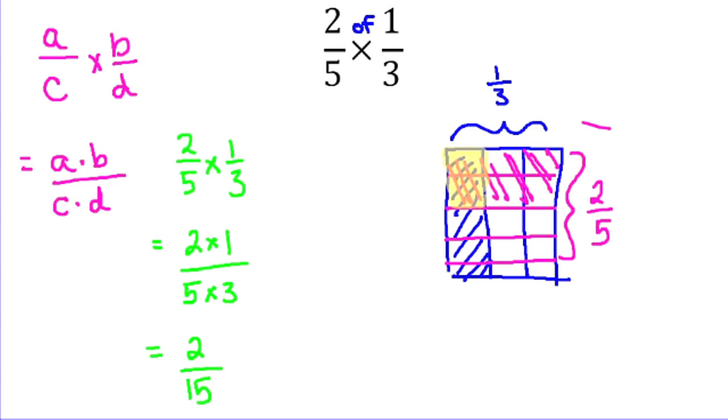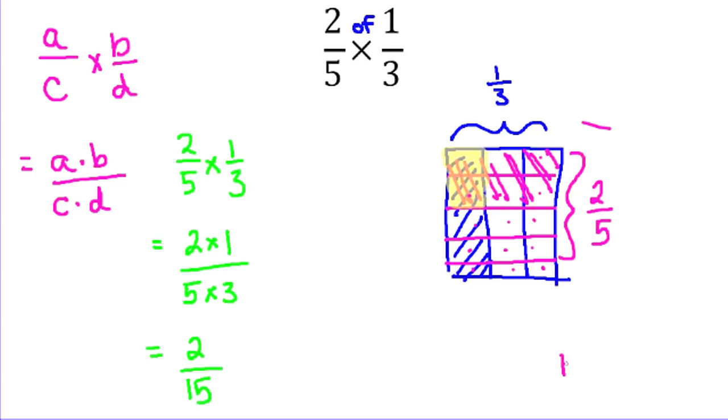And we can tally that up. The first thing I'm going to do is count how many different pieces I have all together. And I have 1, 2, 3, 4, 5, 6, 7, 8, 9, 10, 11, 12, 13, 14, 15. Or another way of thinking of this is a 3 by 5 array looking at the denominators.